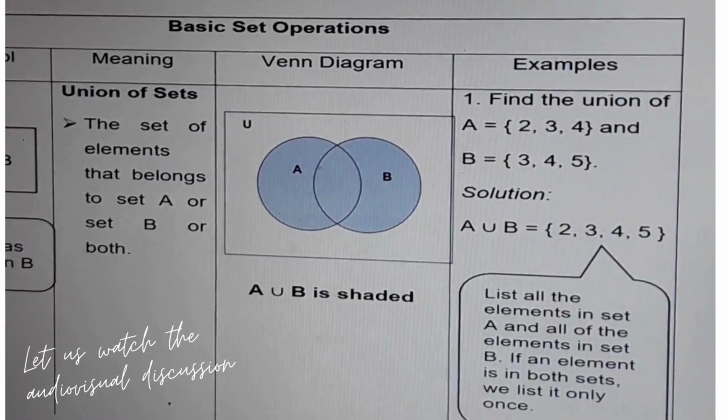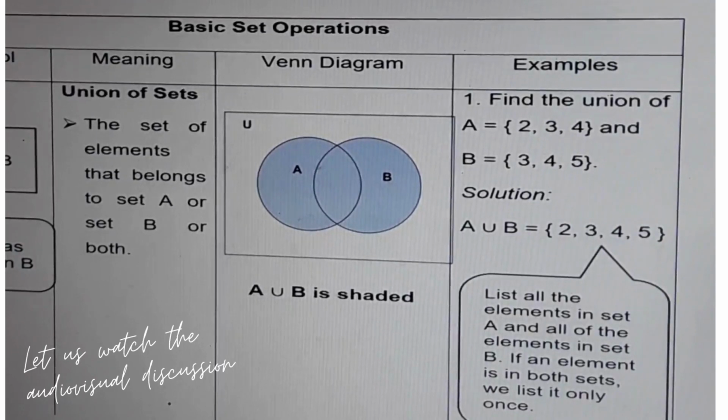Here we have an illustration of a Venn diagram, considering two sets represented by circles intersecting with each other. Notice that in this illustration all of them are shaded. That means we are pertaining to the union of sets.